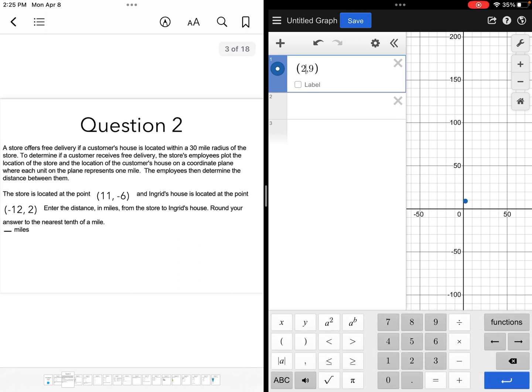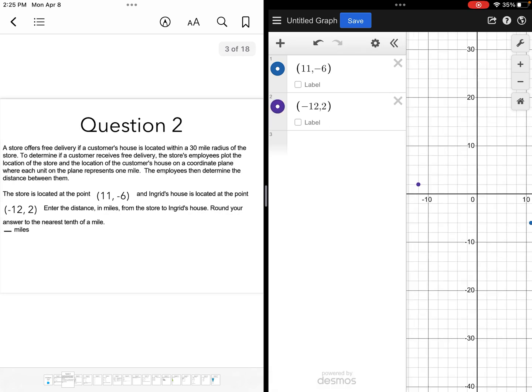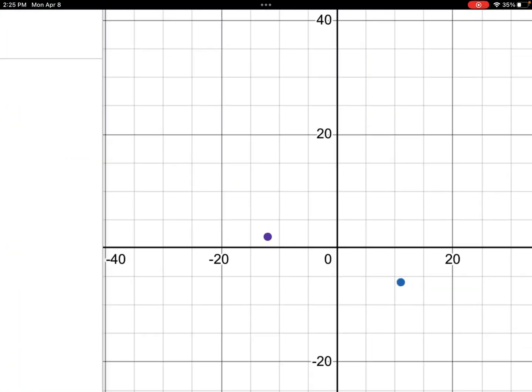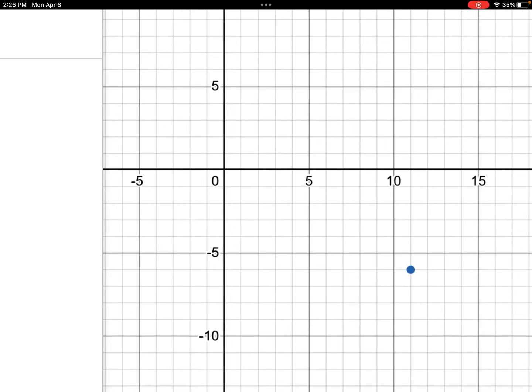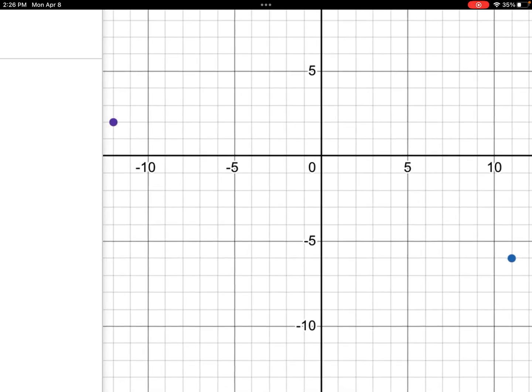So I've got 11 and then -6. And then we've got -12 and 2. So I'm going to take a screenshot.